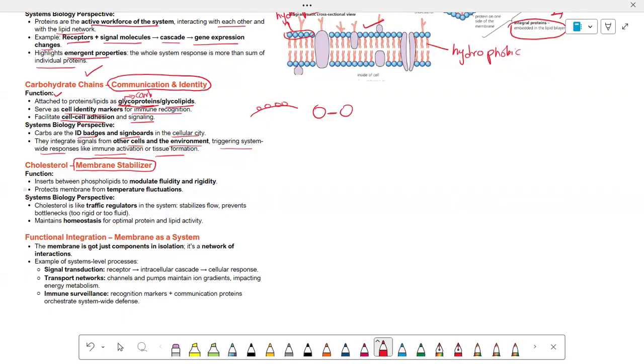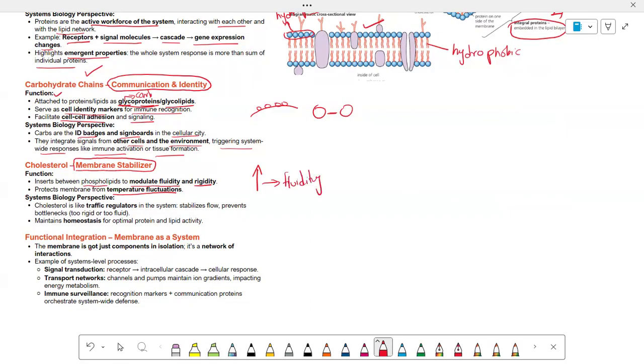So it inserts between phospholipids to modulate fluidity and rigidity. The other function is to protect the membrane from temperature fluctuation. As I already told, when temperature goes up, it tries to maintain the fluidity in the membrane.